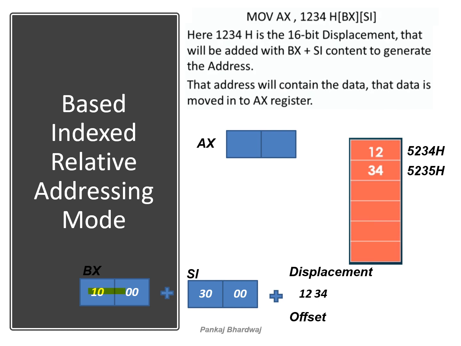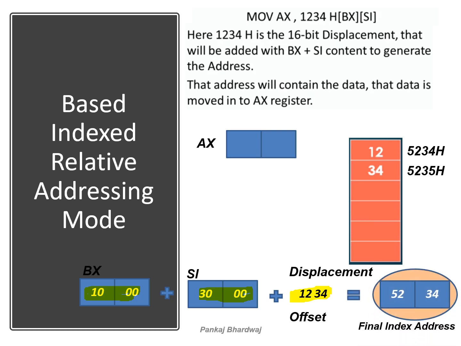So we add the BX value, that is 1000, plus the source index value, that is 3000, plus the offset, that is 1234, to get the final index address, that is 5234, the memory location where the operands are available. So this 12 will be moved to AL, and 34, that is the next memory location data, will be moved to AH.